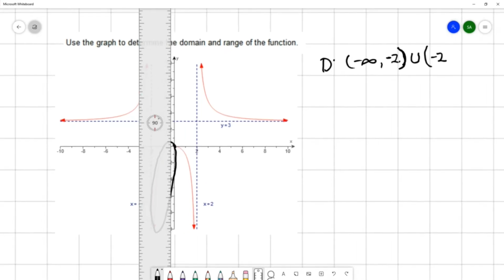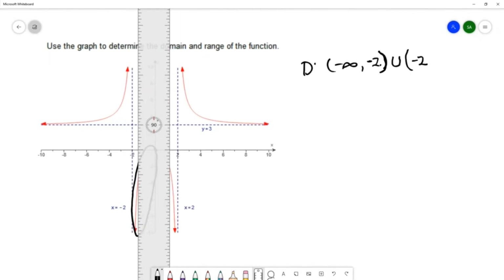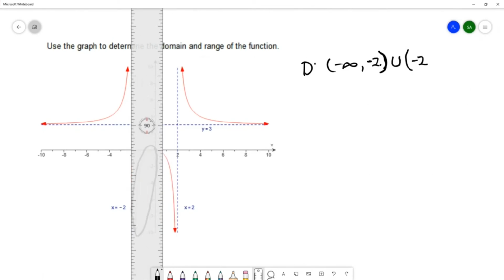until I get to that next vertical line, which is right here at 2. So the same thing happens. This piece of the graph gets closer and closer without ever reaching it. So my domain continues till 2. If I go all along this vertical line, there is no part of the graph.